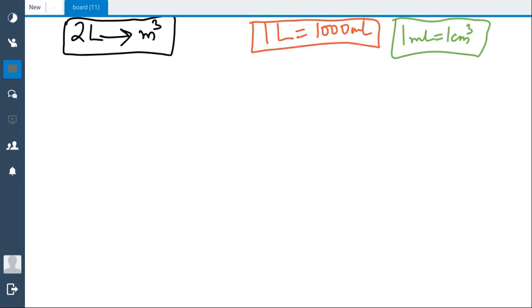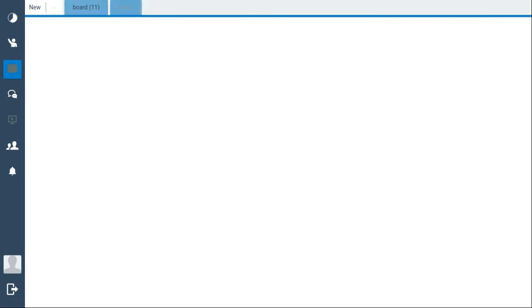Before I start this, I'll tell you something very important. It's a table for you to convert units. It goes like this.